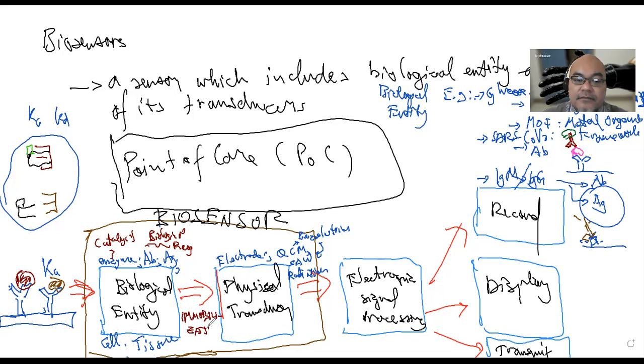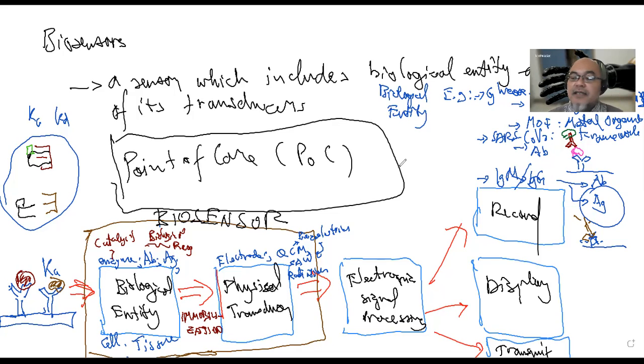Usually these biological entities are also used in biochemical analysis, but in three-dimensional analysis inside a liquid, inside a chemical solution, and then you measure the reaction using UV spectrometry, for example. But in a biosensor, we measure the interaction on the surface of the physical transducer.